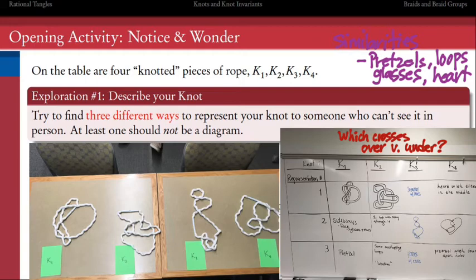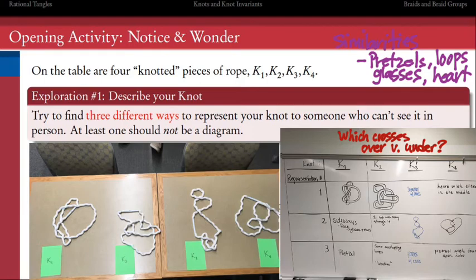How far apart the strands are doesn't matter. The only thing that matters are those crossings. Right? So that's our hunch, that of the methods that you used to represent knots in this opening exercise, it's these diagrams that are the most faithful to what the actual structure of the knot is. They tell us way more than the other ways of representing do.